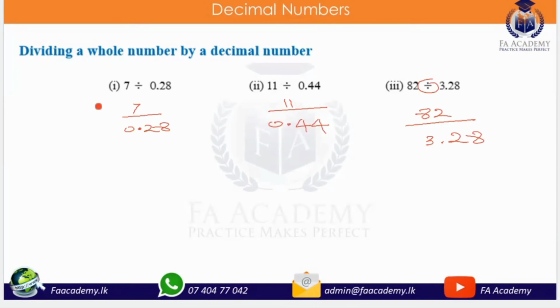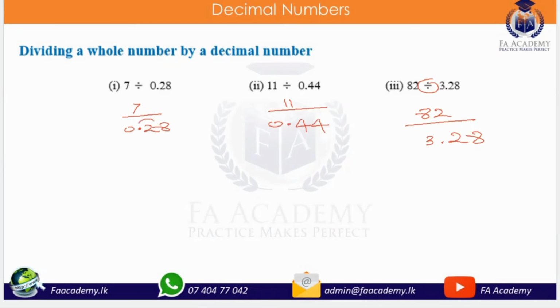Remember the important point that I teach you now. When a denominator has a decimal number, we cannot do a proper division. We might get confused. So the very first step is, if you have a decimal number for the denominator, the very first target is to take off the decimal of the denominator.